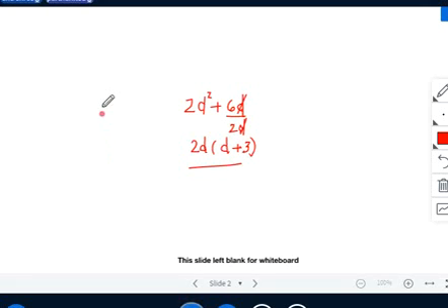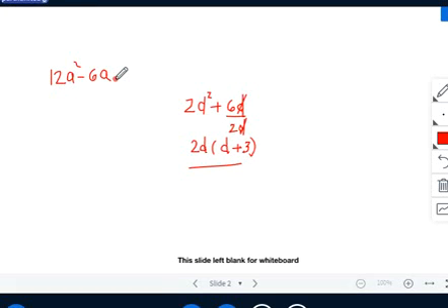One more. It's 12a squared minus 6a. Factorize this. So 6 is common.